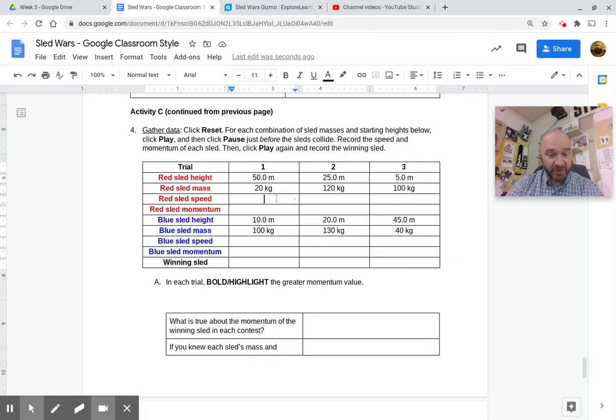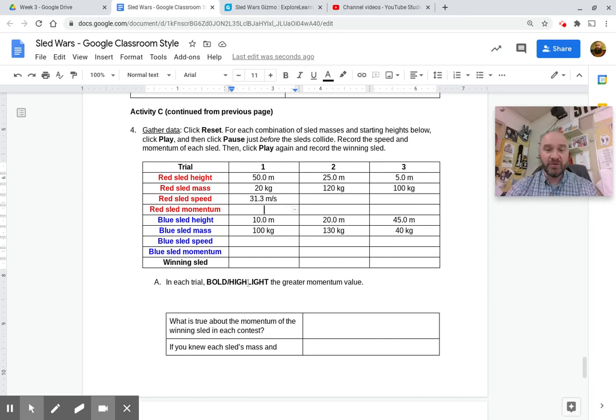So we will record 31.3 m/s. And now we will calculate the red sled's momentum by doing its mass 20 times its speed 31.3. We will put that answer in here and give it its appropriate label. Then we will do the same thing for blue. Then I will finally click play and then see who wins.